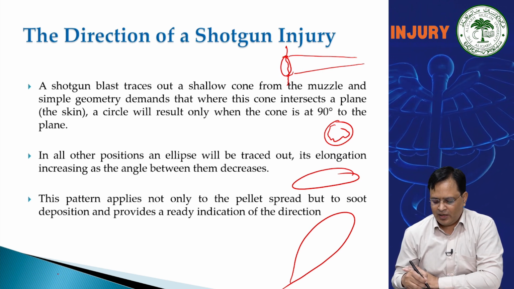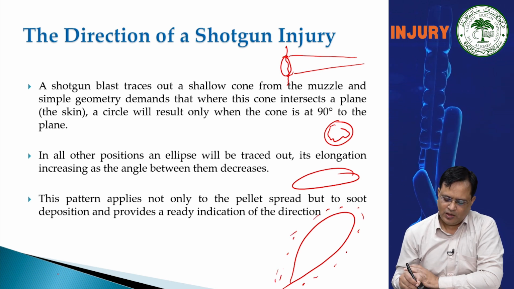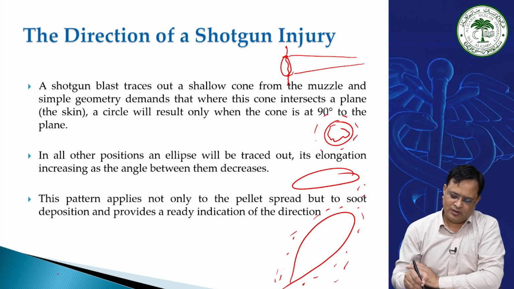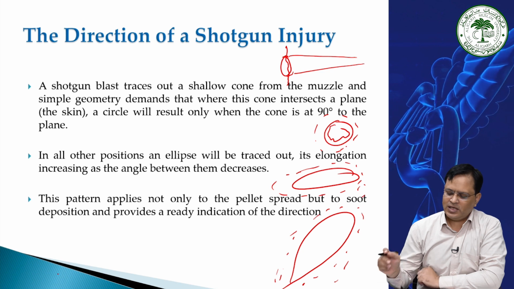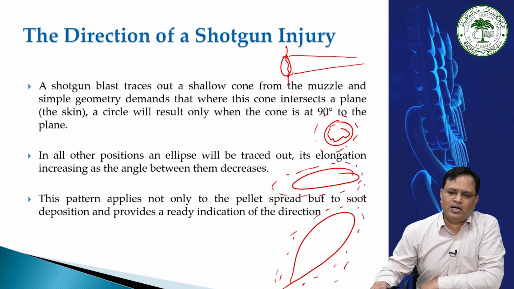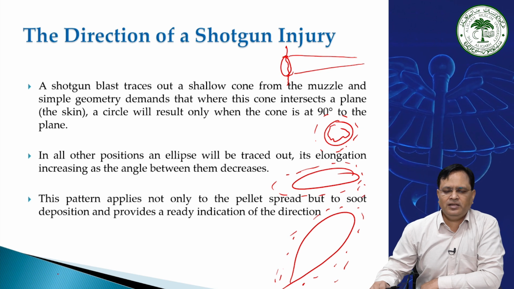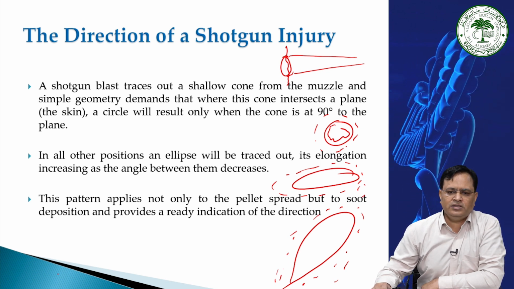Depending upon the angle, it may spread like this, it may spread like this, it may spread like this. So you can determine the amount of discharge and the direction, and from the direction you can determine the injury and the effect of the injury.